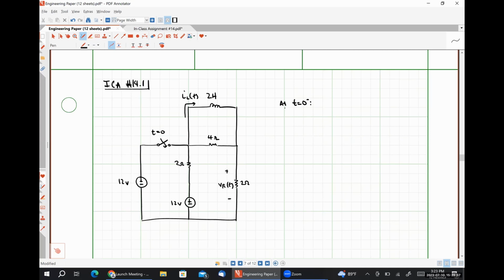At t is equal to 0 minus, our inductor is going to look like a short circuit and our switch is going to be open.